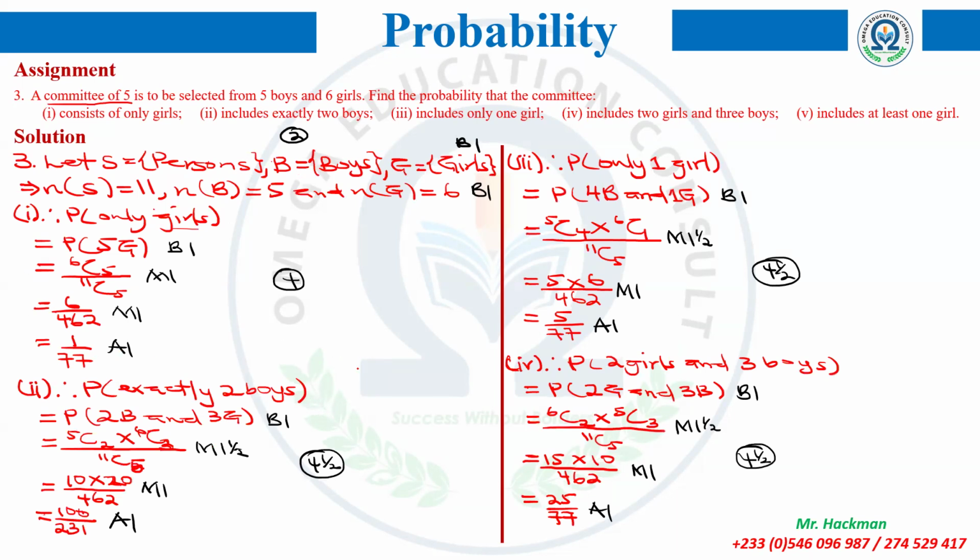If you are moving from one line to the next line, you always write equal to close to the margin.